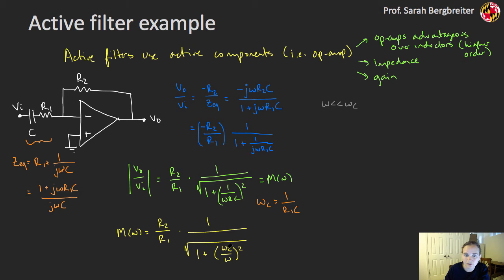Omega C is large in comparison to omega, so I'm going to get this R2 over R1 term times 1 over omega C over omega.